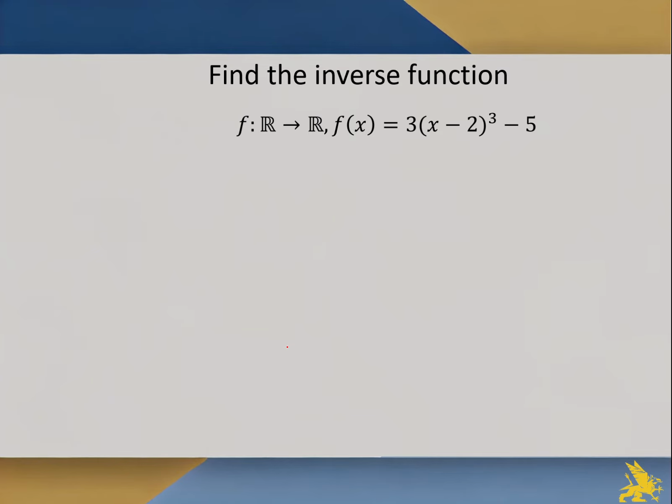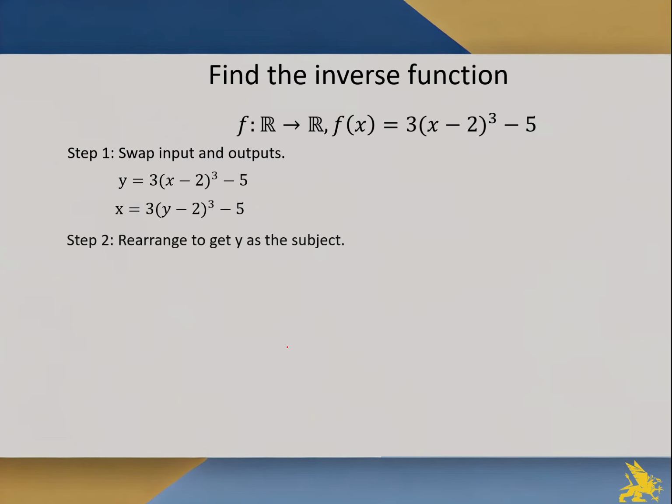Now, if I wanted to find the inverse function of this, the first thing I'm going to do is swap the input and outputs. So instead of saying y equals 3 (x minus 2) in brackets to the power of 3, take away 5, I'm just going to switch my x and y around. Next, I'm just going to rearrange to get y to be the subject. So that means I will add 5.